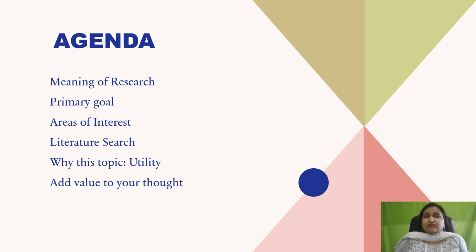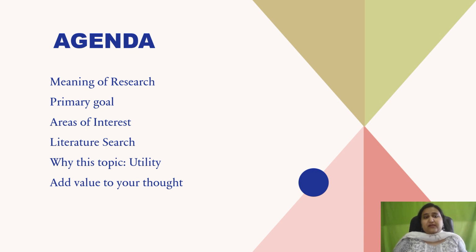The primary goal for undergrad or postgrad students to do research is to implement their theoretical knowledge in practical scenarios. So the aim is to provide an end-to-end solution. If you are doing research, that means you are going to answer a particular real-life problem from the beginning till the end.